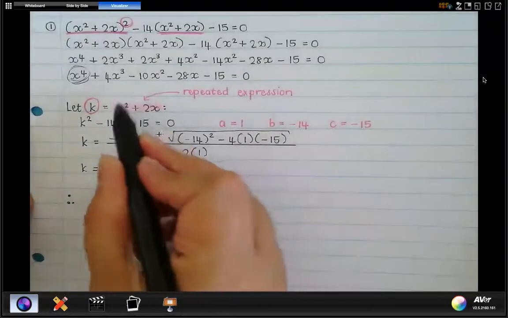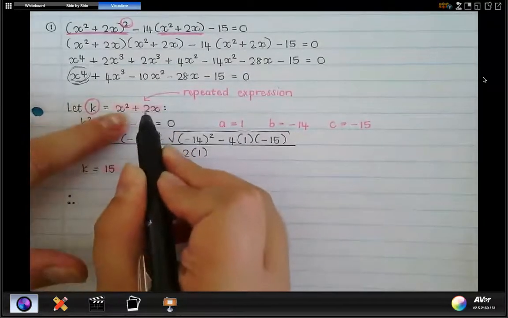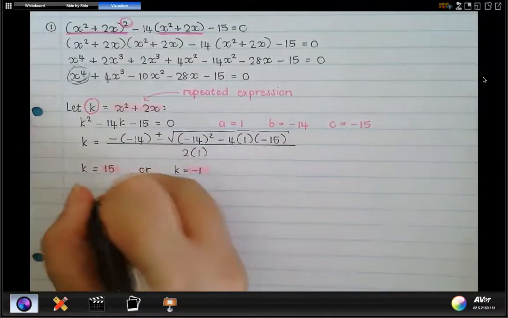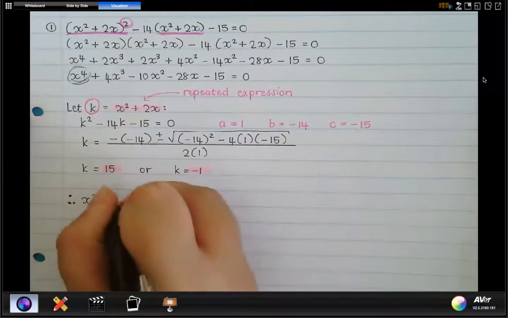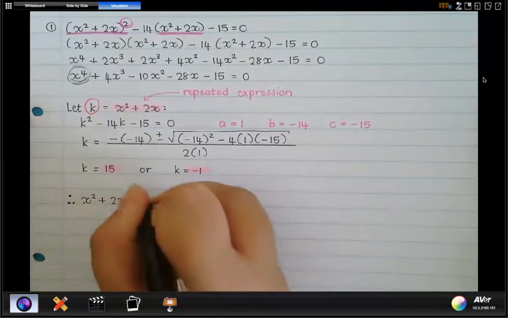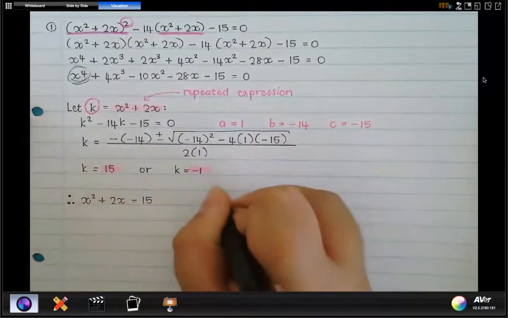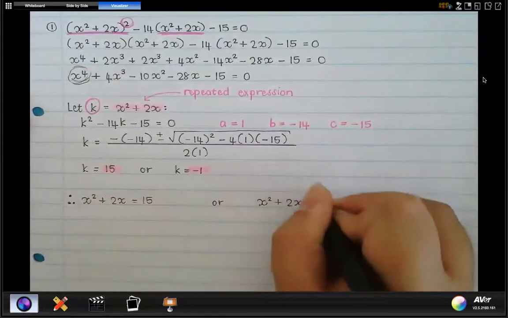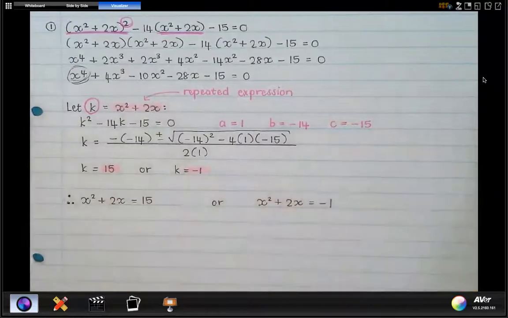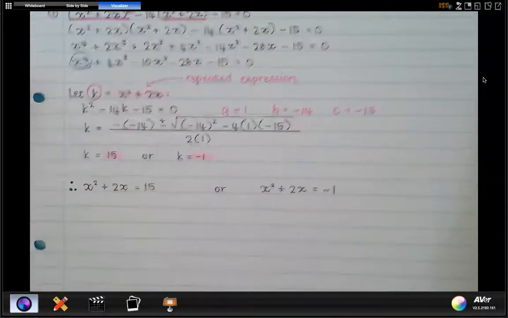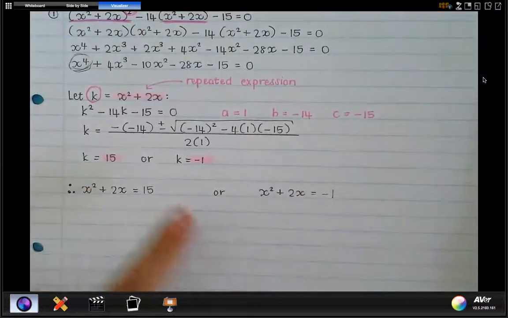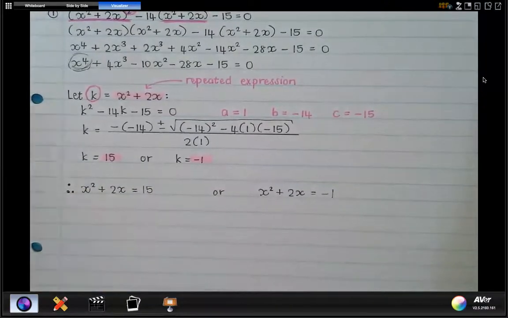We're going to make x squared plus 2x, which we said is k, equal to our first value that we got for k. x squared plus 2x equal to 15, or x squared plus 2x equal to negative 1. Now we have two quadratic equations that will allow us to solve for x.